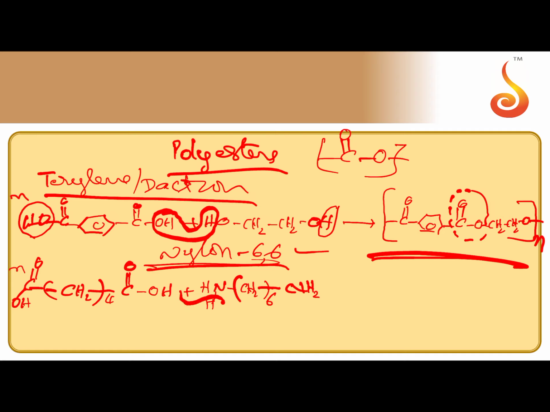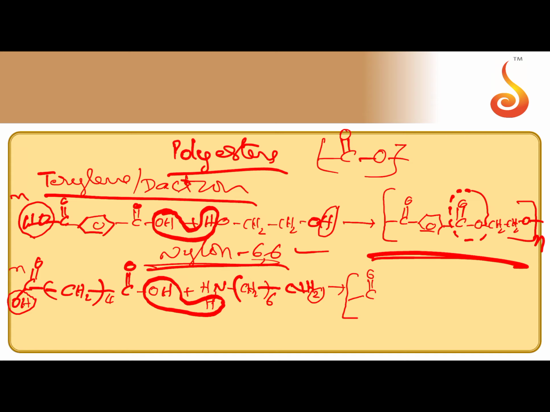So during the polymerization, what happens? H comes from NH2, OH comes from COOH. So remember, always OH comes from COOH. Similarly, you remove OH of the terminal COOH and H of the terminal NH2.